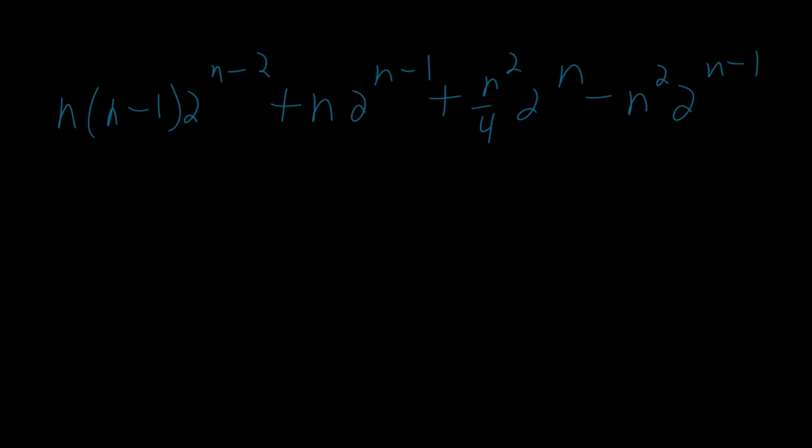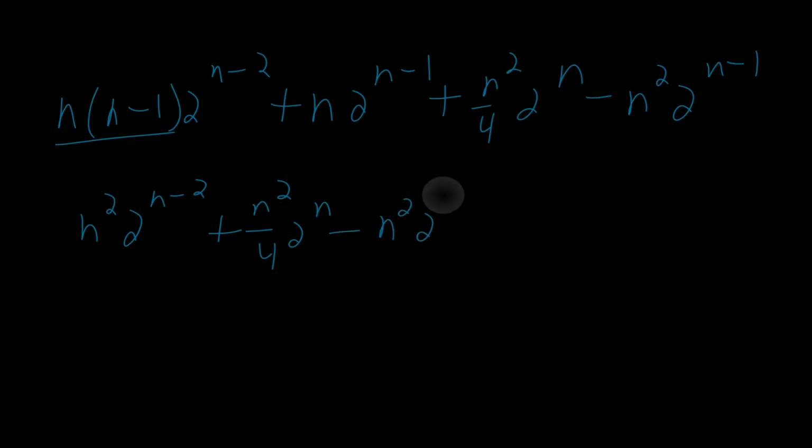So to find our variance, we're just going to have to evaluate all this and then apply our normalization constant that's up front. But the first thing we're going to do is distribute this right here to get everything in terms of n and n squared. So we have n squared, 2 to the n minus 1, and then grouping everything, getting all of our n squareds in one place, we're going to have plus n squared over 4 times 2 to the n, and then a minus n squared 2 to the n minus 1.